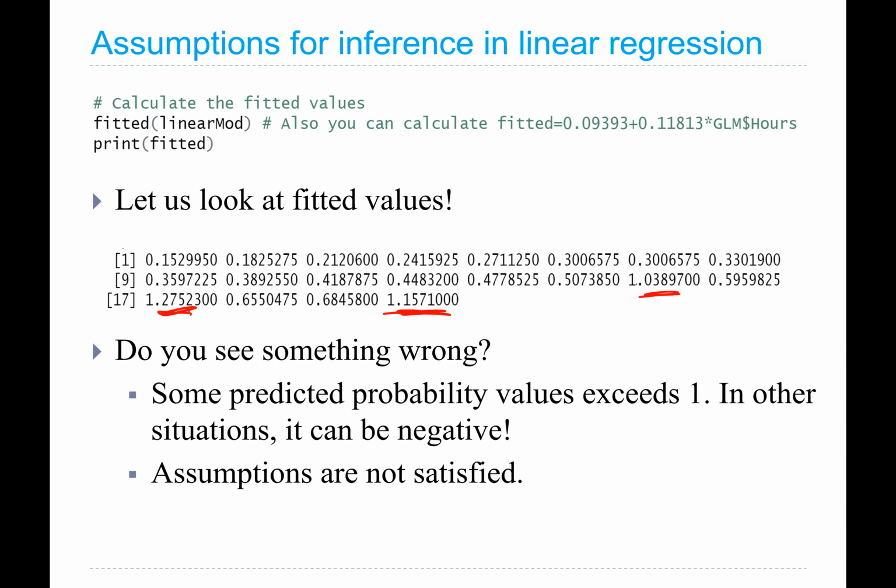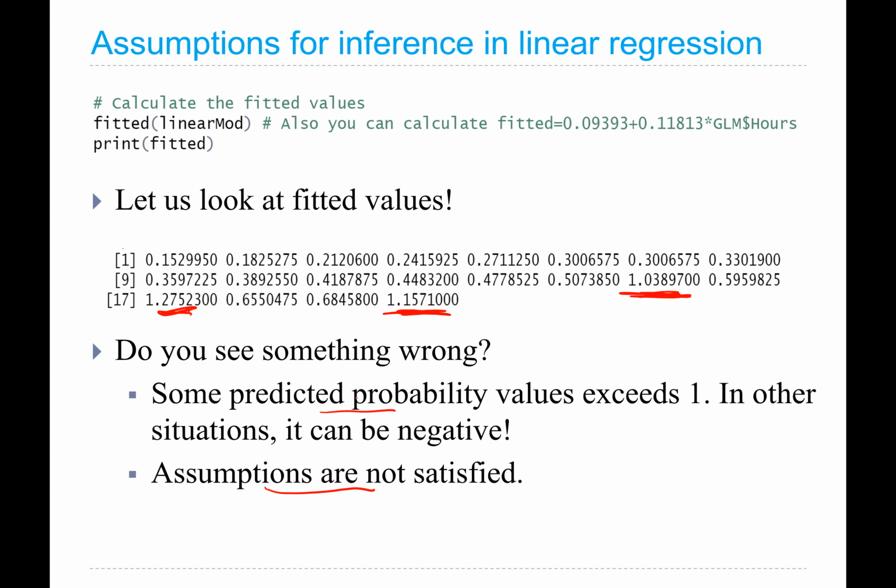Sometimes they give you negative values for the probability of success, which doesn't make sense. So you see the predicted value is not correct also. So there are many problems. The assumptions are not satisfied. The predicted value can be greater than 1 or less than 0, can be negative.